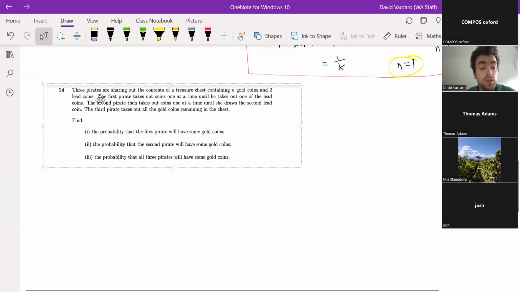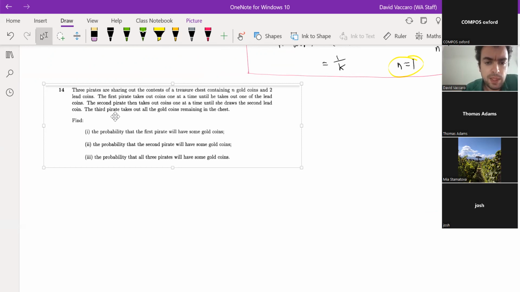Okay. Question number 14. It says 3 pirates are sharing out the contents of a treasure chest containing n gold coins and 2 lead coins. The first pirate takes out coins one at a time until he takes out one of the lead coins.